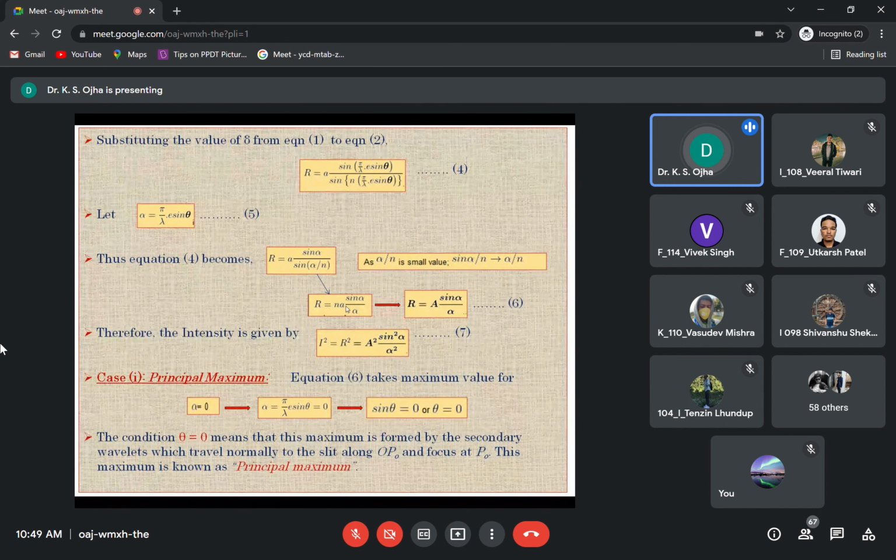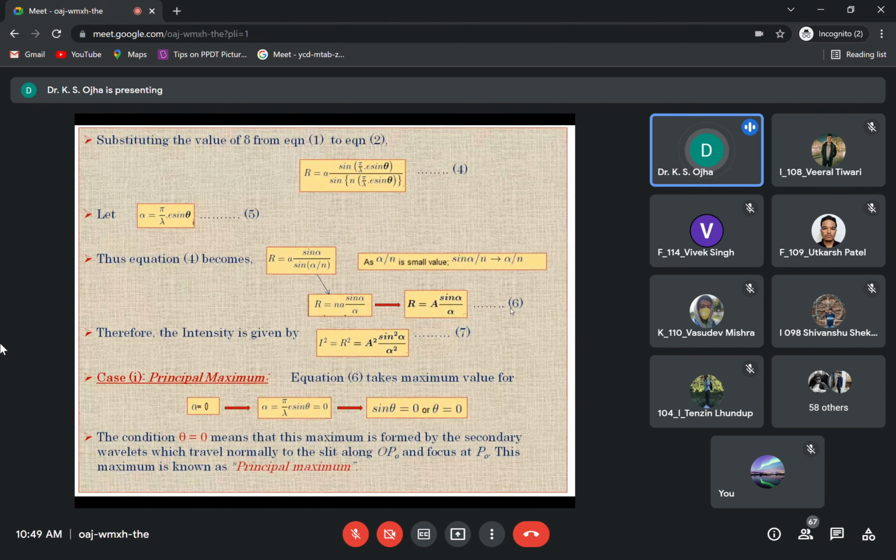A is the amplitude of the wave emerging from one part, and when we multiply with n, we get the amplitude of the total resultant wave. I have written here nA sin α by α. This is equation 6, representing the resultant amplitude of n secondary waves emerging from n equal parts of the single slit.